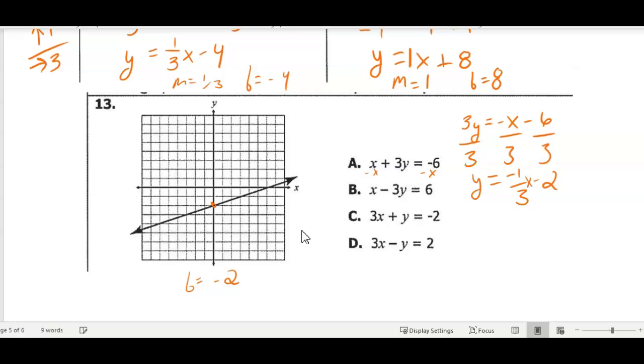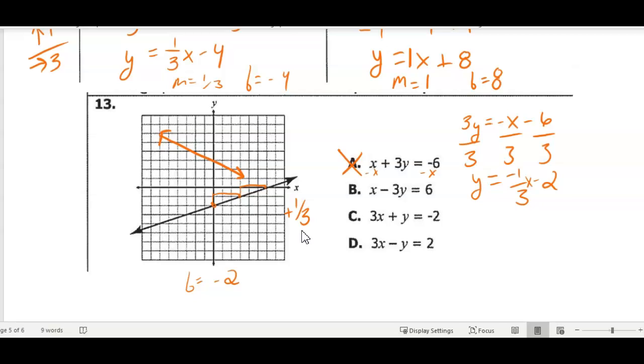That negative is significant, because that would tell me that the graph goes down. So it can't be A. But if I'm looking here, it appears that my slope is positive, up 1/3. So I think my slope that we're looking for is a positive 1/3.